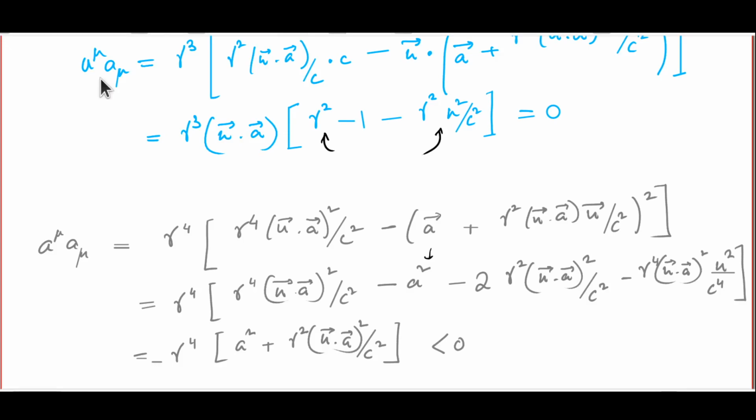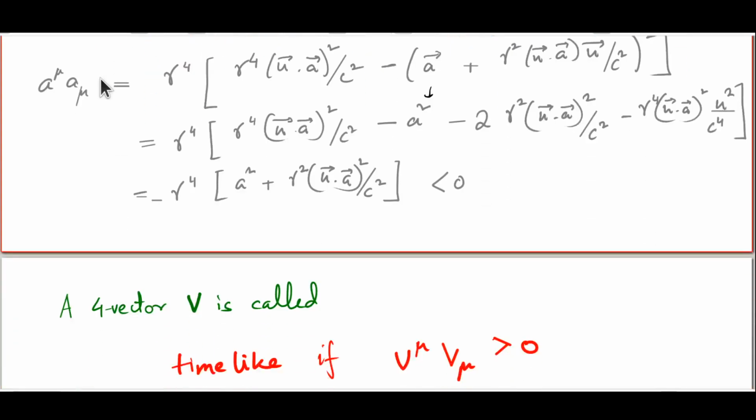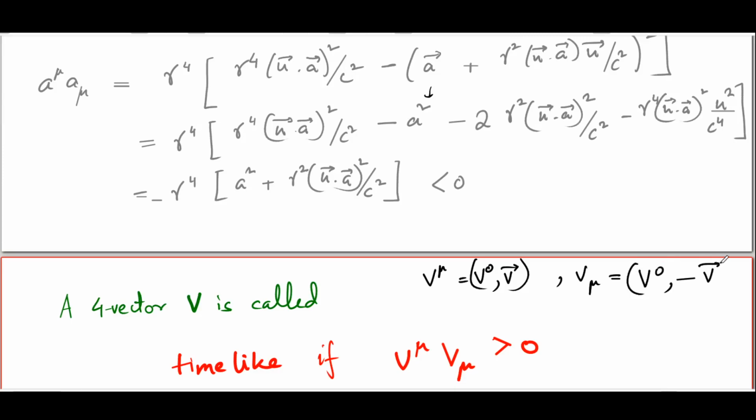Indeed, this leads to one way of classifying 4 vectors. A 4-vector V is called time-like if its square, V upper mu, V lower mu, is greater than 0. Let me just remind you that if V upper mu happens to be V0, V vector, then V lower mu, the covariant version or 4 covector corresponding to V, has components V0 and minus V vector.